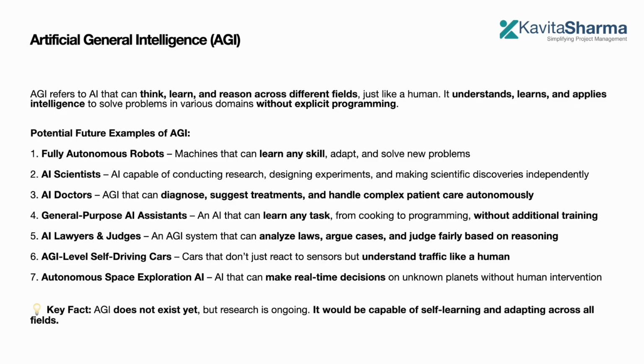AI scientists, doctors, AI assistants, lawyers, judges, self-driving cars. Currently self-driving cars exist, but they do not think like humans. With a lot of traffic conditions, if you put such a car in India, they won't work, obviously. But a human can drive a car in India, obviously, you know that. So all of that is what we are looking at in the future of strong AGIs.